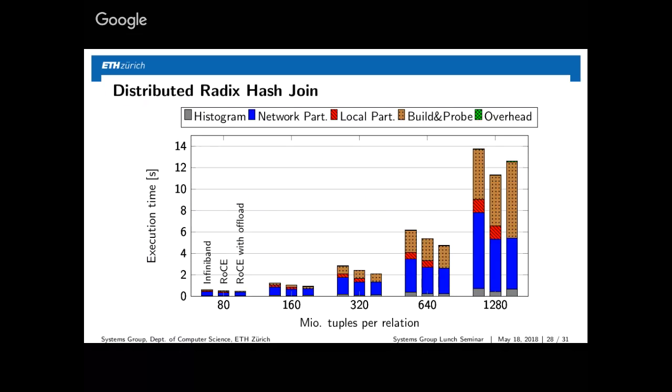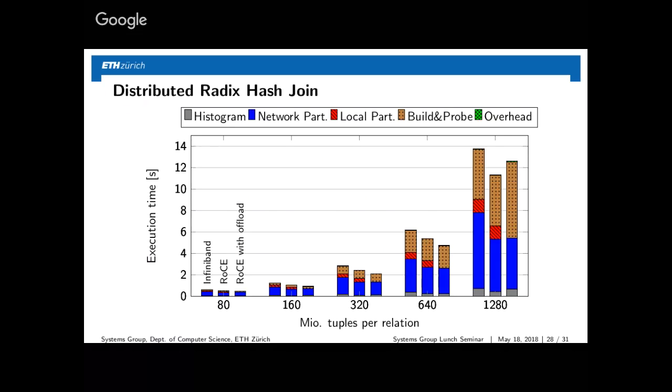You can see that between Infiniband and RoCE, of course, we have a slight improvement due to the different fabric, but then we have another improvement when we offload because, as I said, this red part for the local partitioning completely disappears. In general, we are mostly network bound, as you can see. We are operating at 10G, and the network partitioning consumes most of the time.